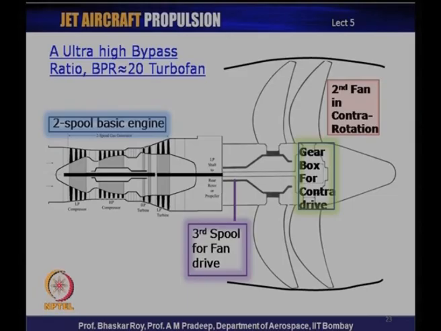So, this is a kind of big prop fan, an extension of the turbofan with very high bypass ratio. Some people call them ultra high bypass ratio turbofans or prop fans. This is the kind of engine that we are likely to see more and more in years to come. So, those are the various engines that we have looked at today.